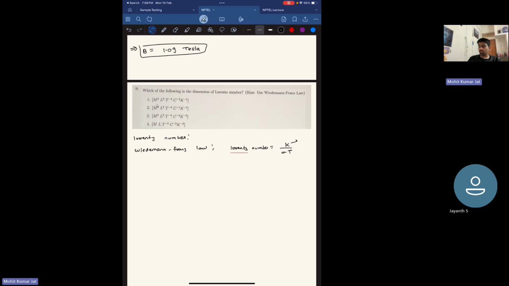Where K is the thermal conductivity, sigma is the electrical conductivity, and T is the temperature. So let's see the dimension of each of the K, sigma, and T, and after that it will become better. So thermal conductivity first.